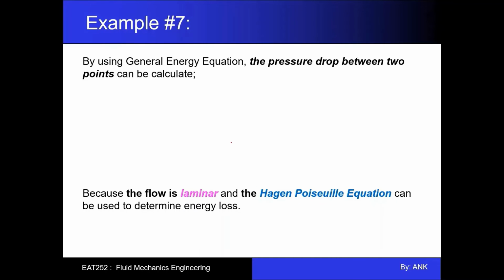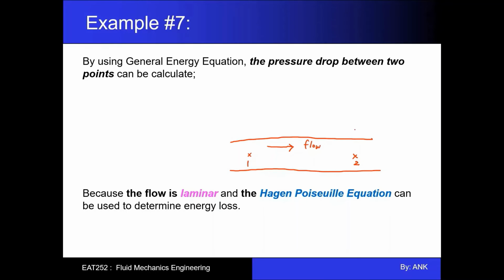Let's say this is our pipe, and water will flow from point 1 to point 2. This is the flow direction of the water.